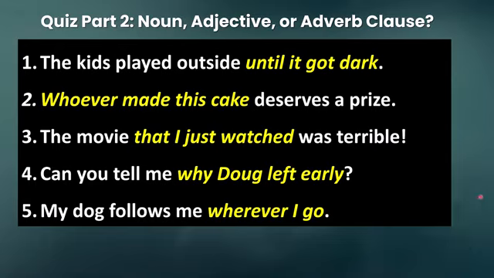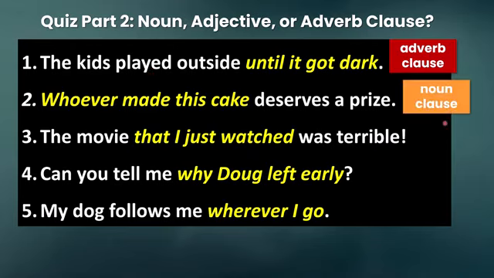Okay, so number 1 is an adverb clause. Until it got dark tells us when the kids played outside. So this clause modifies the verb played. Number 2 is a noun clause.